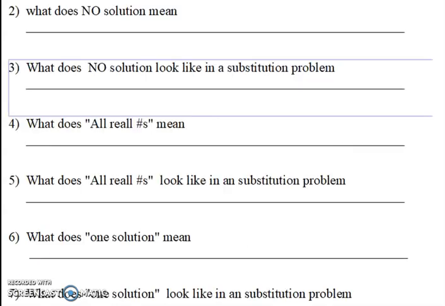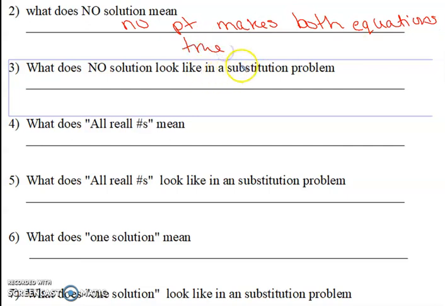All right. What does no solution mean? No solution means no point makes both equations true. That would be parallel.